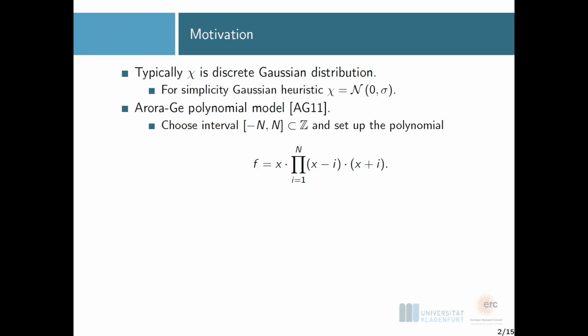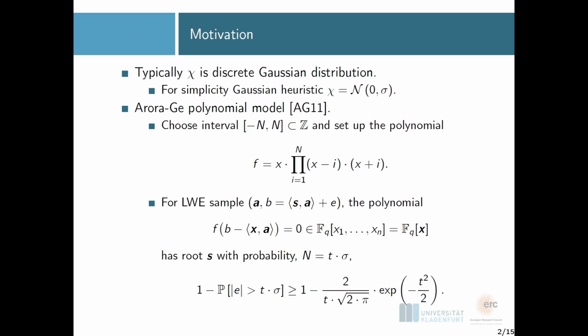And the first polynomial system to tackle search LWE was proposed by Aurora G. So you fix an integer interval, and then you set up an error polynomial, which has all roots in this integer interval. And the idea is you make this interval big enough, and then with decent probability, all your errors from LWE samples will fall into this interval.